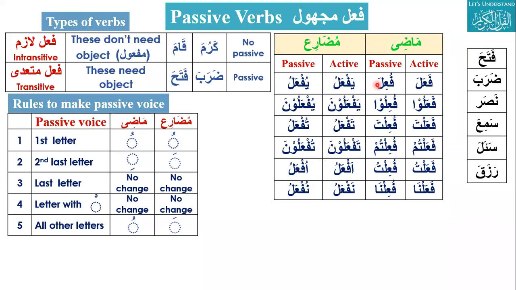So Sumi'a means he was listened to. Sumi'u, they were listened to. And Sami'u, they listened. So that is the difference: they listened and they were listened to. Who listened to them? We don't know. Thank you, Jazakallah khairan.